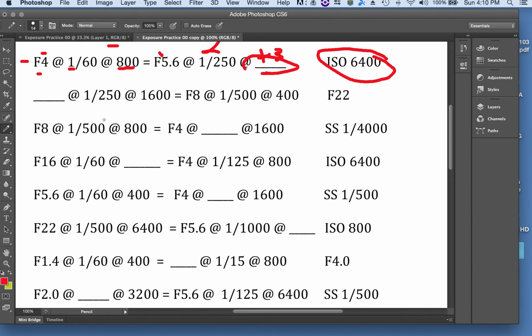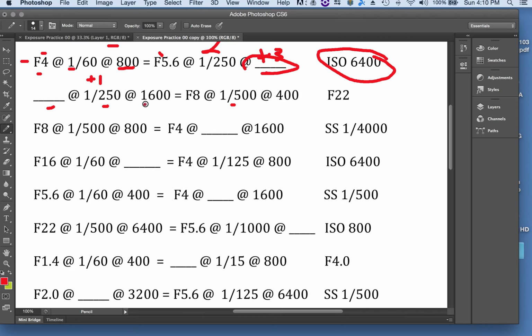So we'll do a couple more. So in this case, we don't know our f-stop. We look at 1/250, more or less light than 1/500. In this case, more light is going to come in because it's open for longer. So more by a factor of 1.